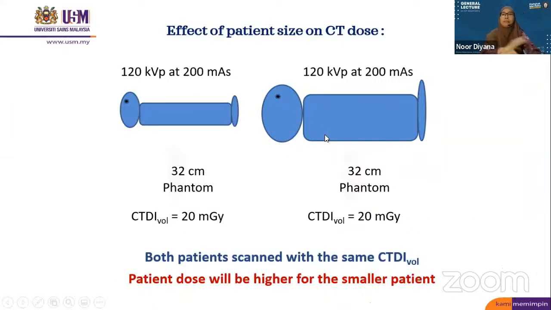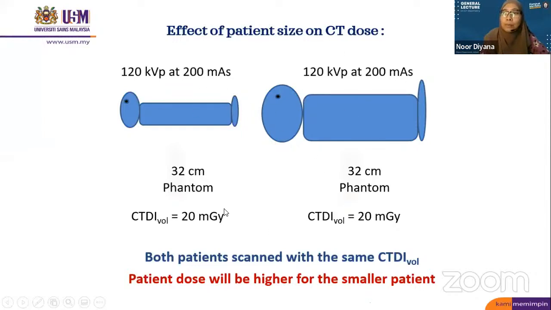For example here, if you have two patients, one is a smaller patient, one is a larger patient. For reference size, we use body phantoms. And then we use the same exposure technique for these two patients.